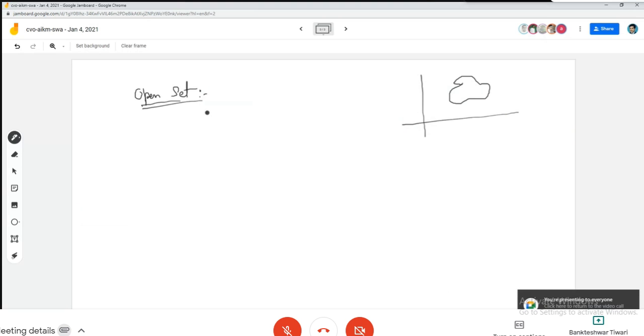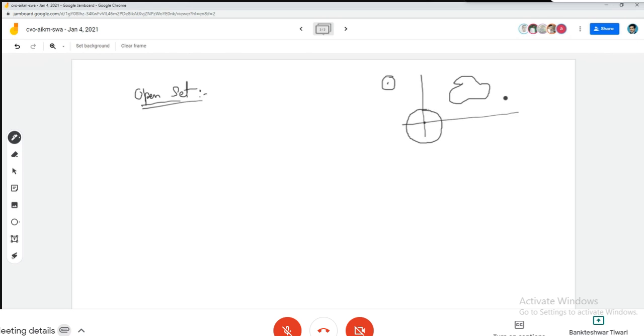Okay, so I was talking about the open ball. The open ball centered at some point, say 0, was the collection of points which are at distance less than r from this center. Centered at any point and with a certain radius r, you may think of this kind of open disk here in R2, and in general in Rn. This boundary should not be here.